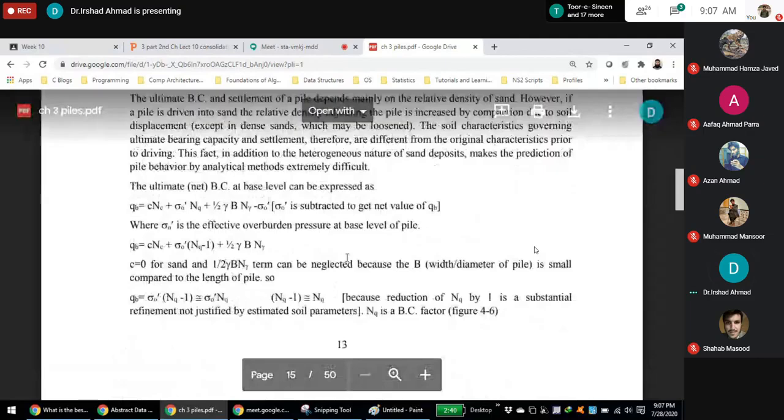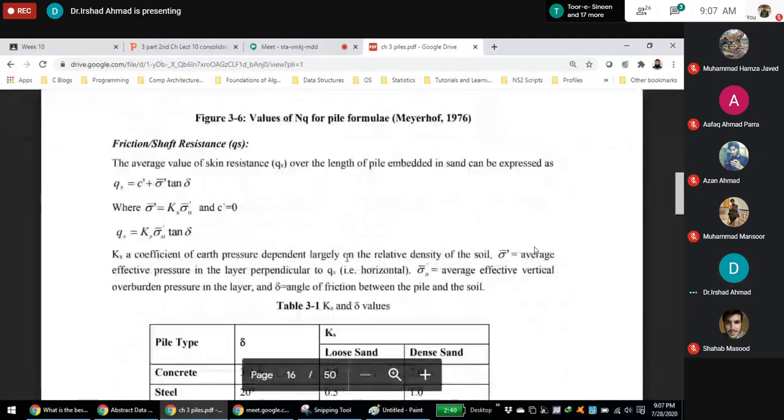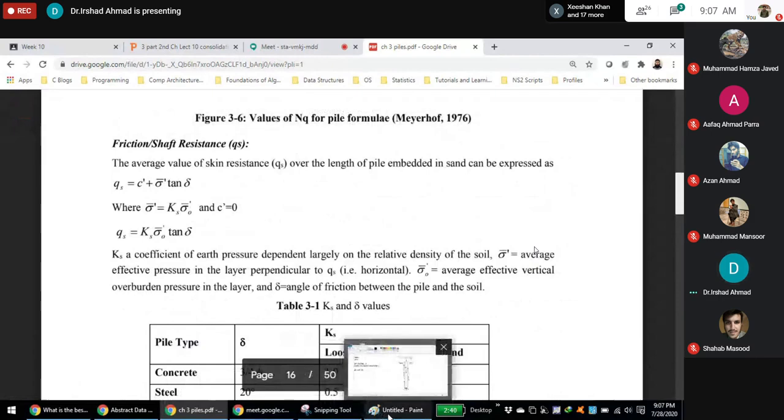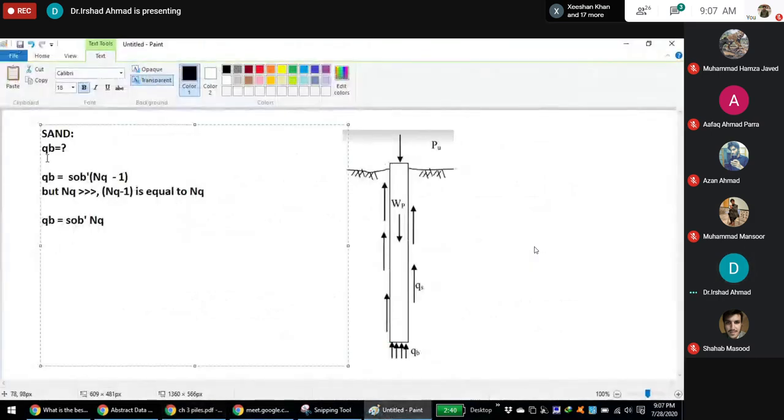Now QS, skin friction resistance for sand, how to find them out?